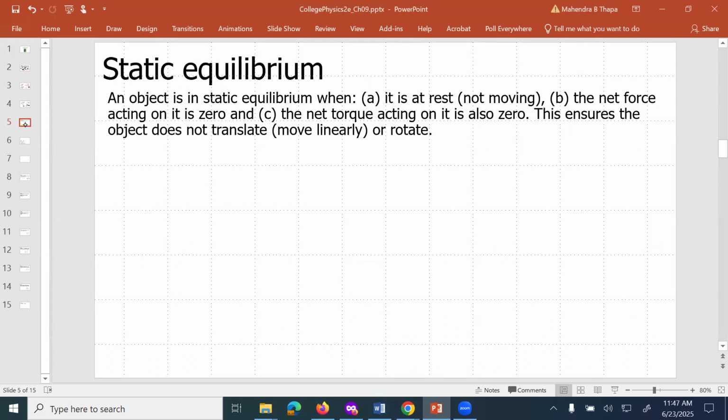Next, go to static equilibrium. An object is said to be in static equilibrium when the net force acting on the object is 0. So that means you can write net external force, summation F, should be 0.